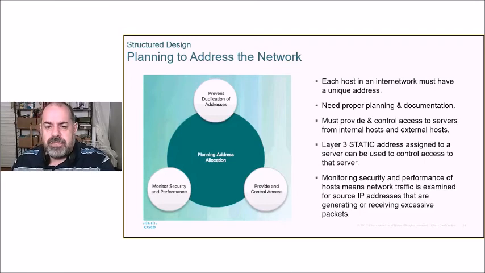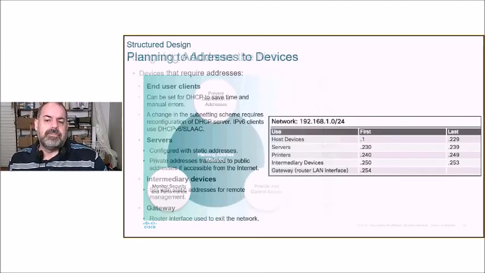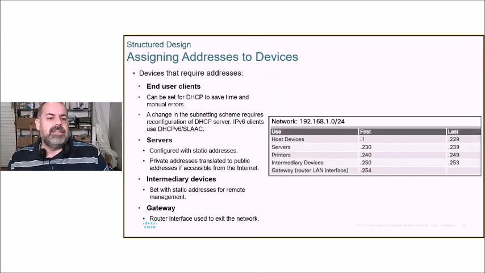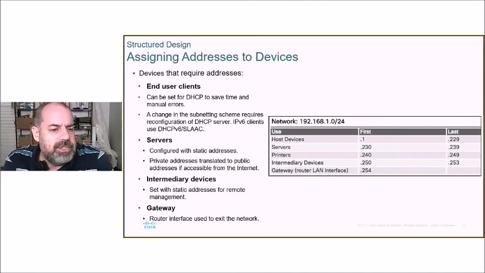Layer 3 static addresses assigned to a server can be used to control access to that server. Monitoring security and performance of hosts means network traffic is examined for source IP addresses that are generating or receiving excessive packets. Now, how do we assign these addresses? For hosts, normal client machines, you would normally use DHCP.